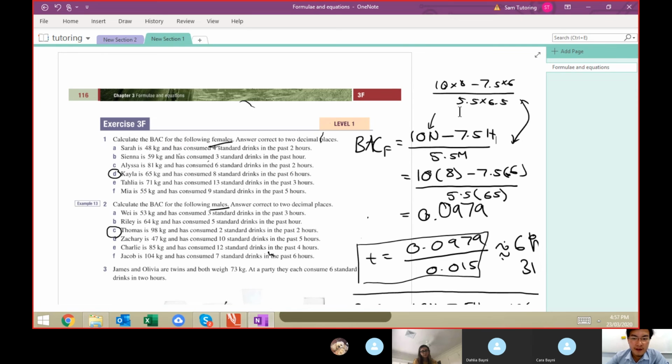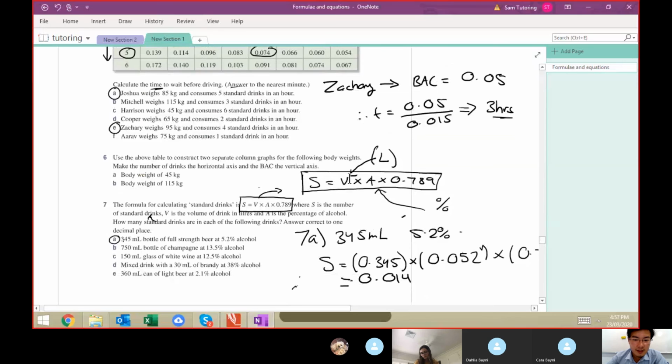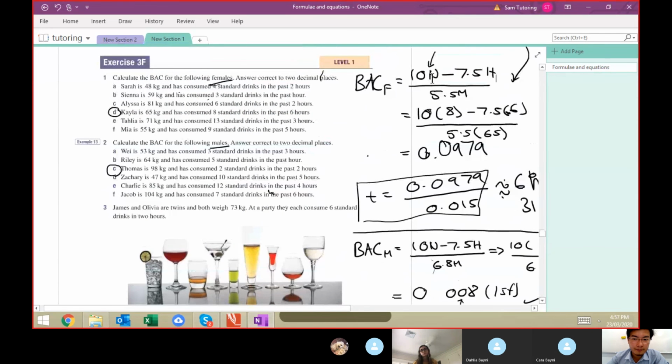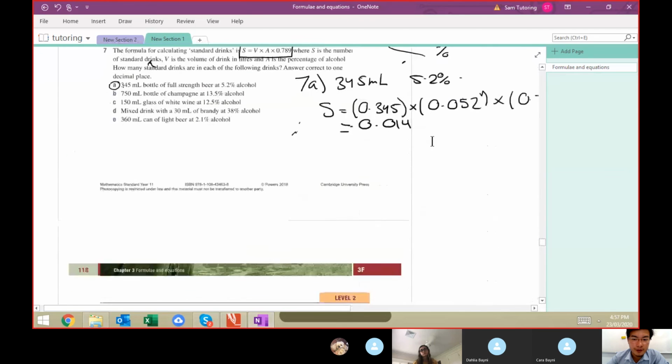Well, every drink will be different in terms of potency and volume. So that's when this part comes in: S equals V times A times 0.789. In a typical exam question, they'll say this guy drank vodka at 40%. What's the standard drink version from that? You calculate the standard drink and you put it into the N. That's essentially how you do it.